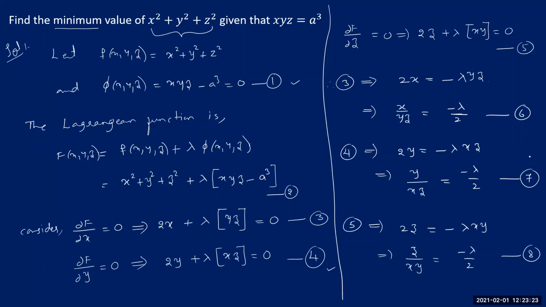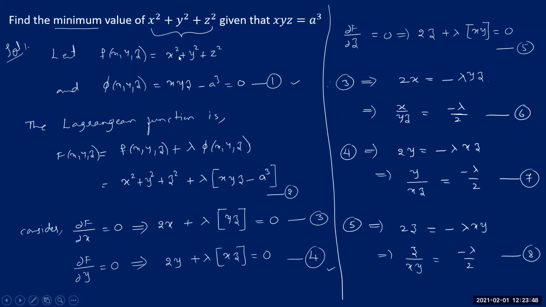Now see, when you look at these 3 equations, 6, 7 and 8, in all the 3 equations the right hand sides are equal, so the left hand sides must also be equal, isn't it? So by comparing 6, 7 and 8, see what we can write.